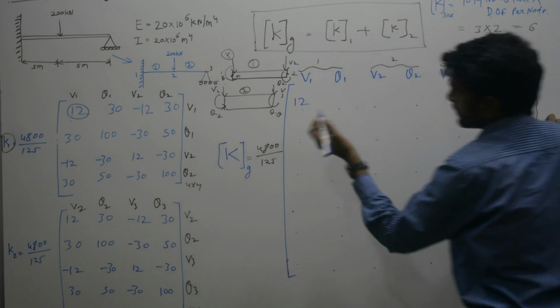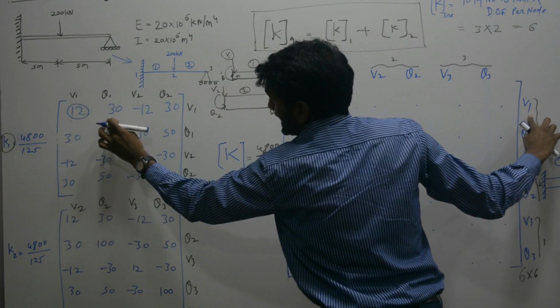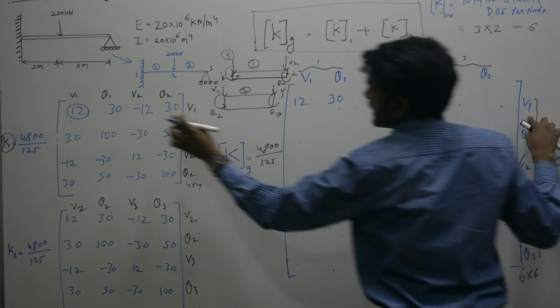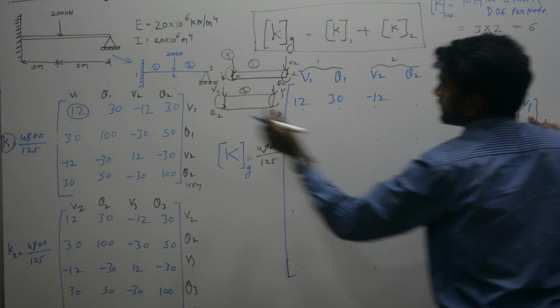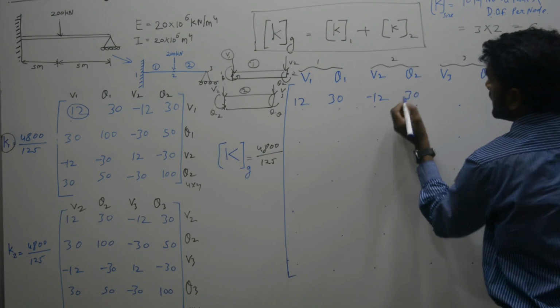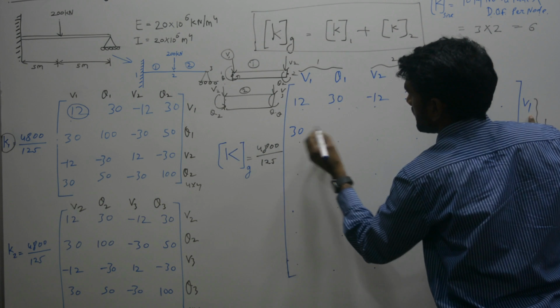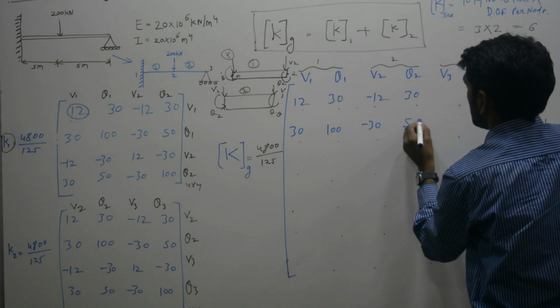I have put 12. Then theta 1, second column first row: this is 30. Then again theta 2 V1, minus 12, theta 2 V1, it is 30. In the similar way, 30, 100, minus 30, 30, 100, minus 30, 50.